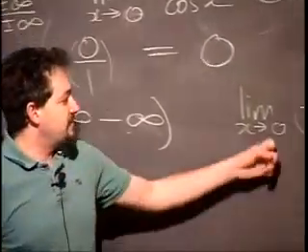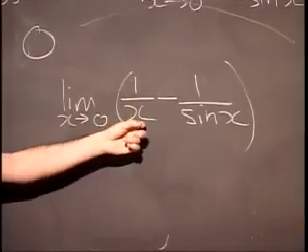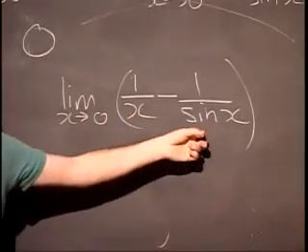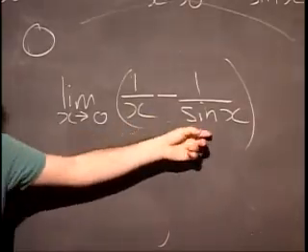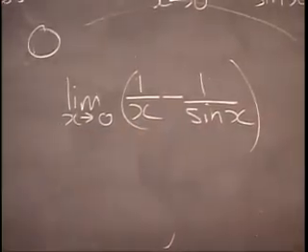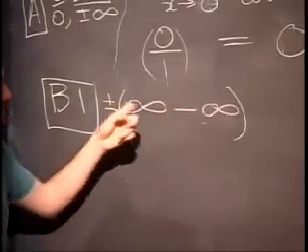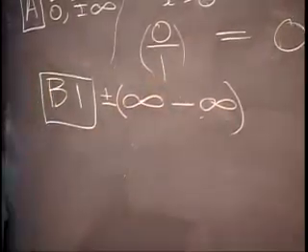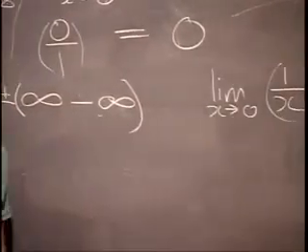The interesting thing is when x is positive but close to 0, this is huge and this is huge. Whereas when x is negative, this is a huge negative number, and that's a huge negative number. So that's why I put plus or minus. It's either infinity minus infinity or minus infinity minus minus infinity. Anyway, whatever. It's not a fraction, so we can't use L'Hopital's rule directly.